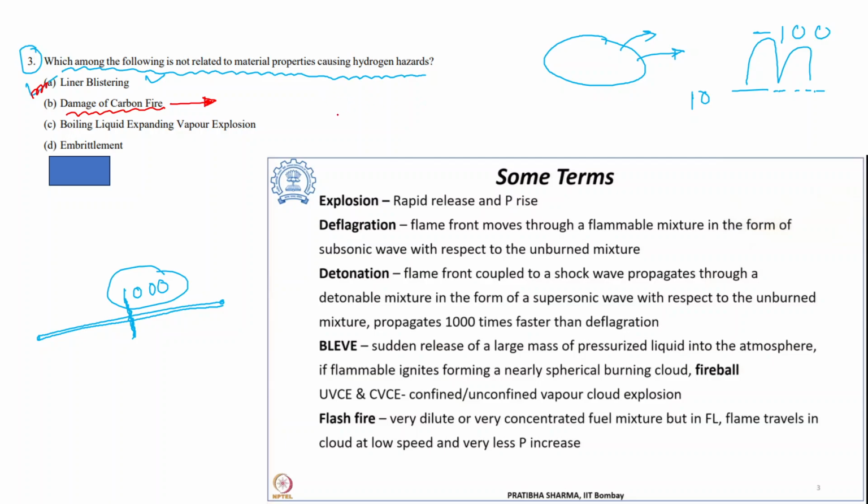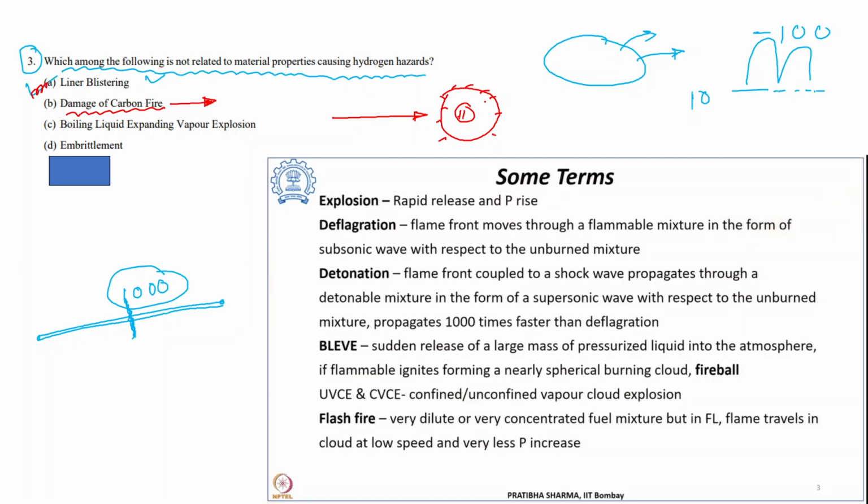You know that when the liquid hydrogen is coming out, the outer surface of the liquid gets vaporized, and the inside liquid hydrogen still remains liquid hydrogen, and it will create some high pressure due to the phase difference.